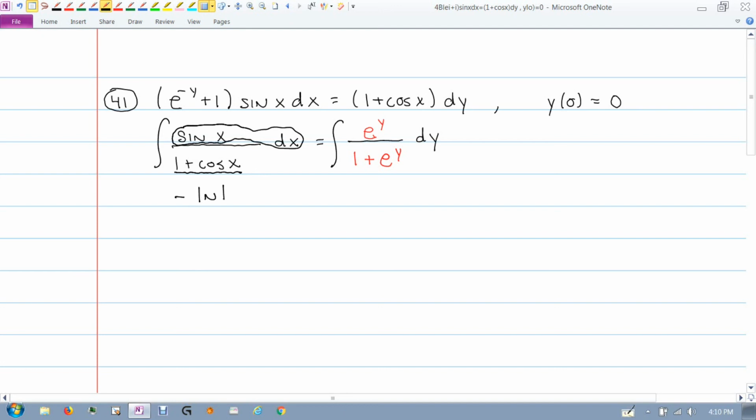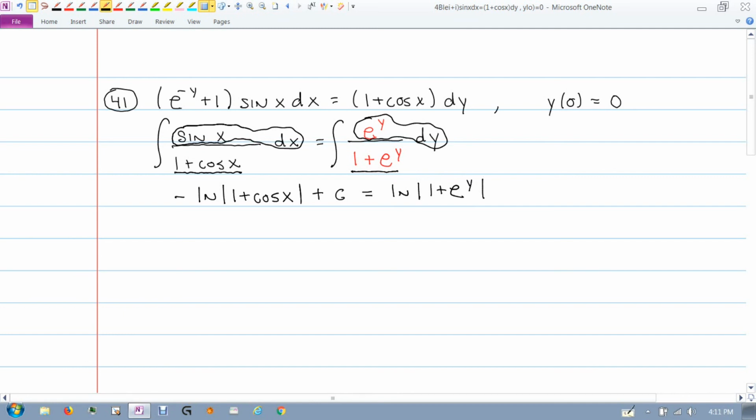So it's just going to be natural log of 1 plus cosine x plus some constant equals, now on the right hand side, I'm going to do a basic u substitution, let u be 1 plus e to the y. The derivative of it is exactly up here, and therefore my substitution yields the integral 1 over u du, which is just going to be natural log of whatever my substitution was, which in this case is 1 plus e to the y.